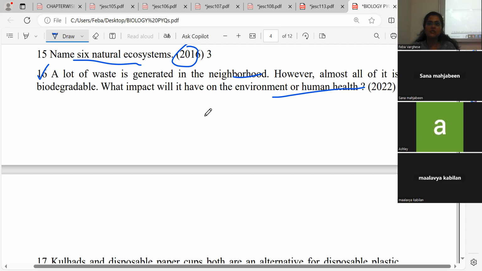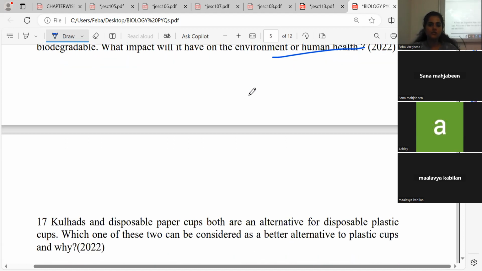If there are no decomposers, it can cause some problems. It will emit foul smell, and cause spread of diseases, house flies, all of those kinds of things. If not, it will be converted into compost or manure, then it can be useful.